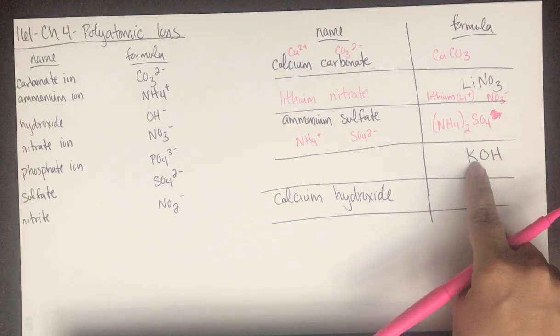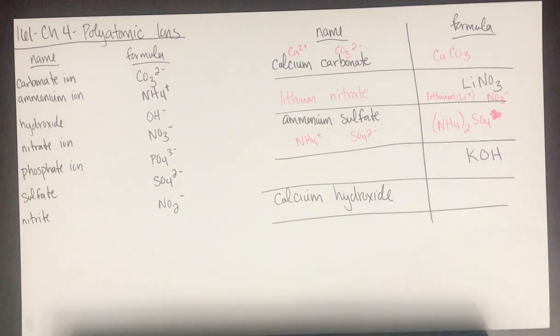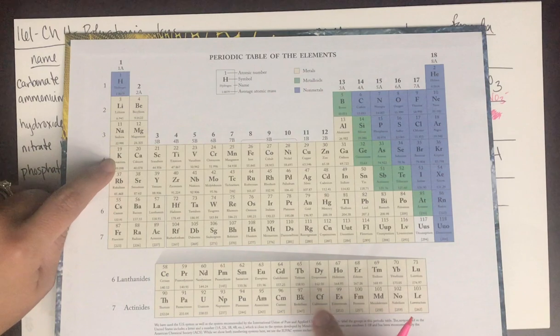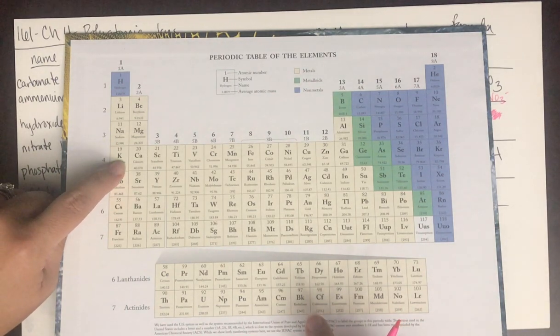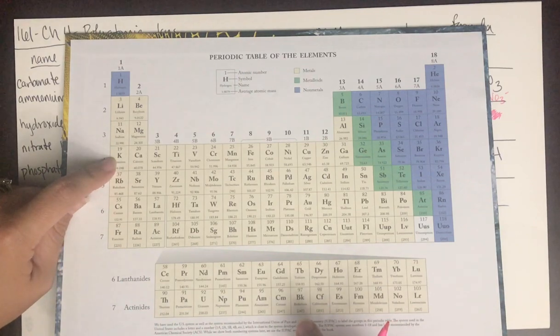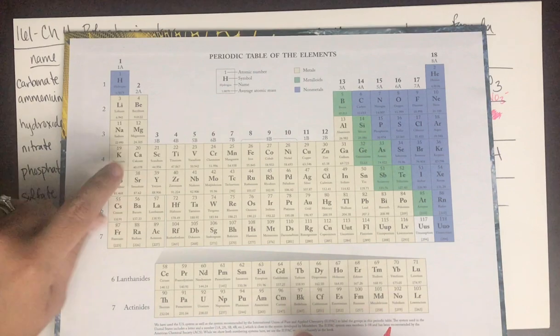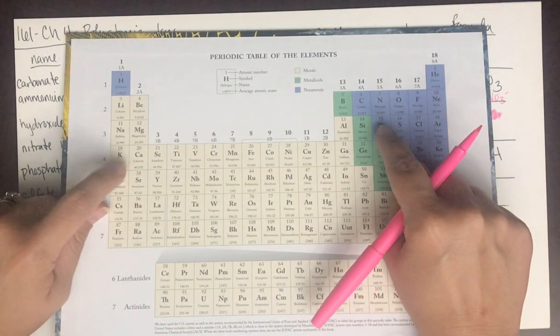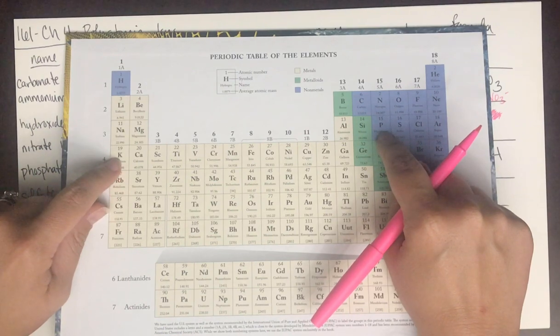So now let's look here. KOH. So K is here, potassium. This is one of the weird ones where the first letter of the atomic symbol is not the same as the spelling of the word. Potassium is K, phosphorus is P. This is one that commonly gets mixed up.